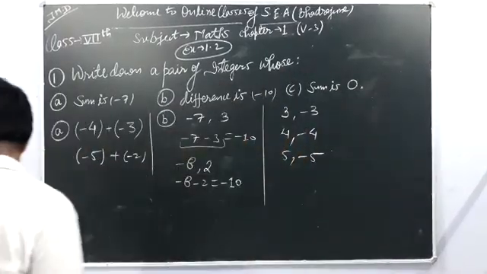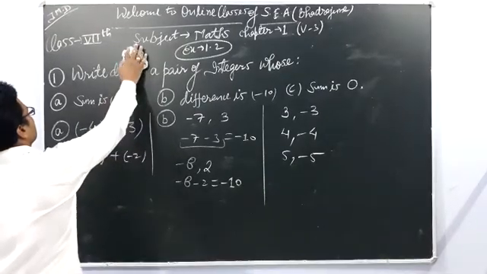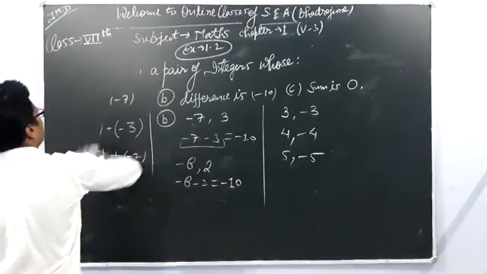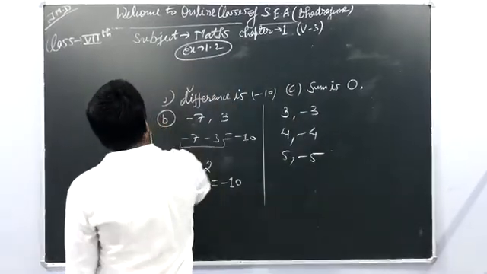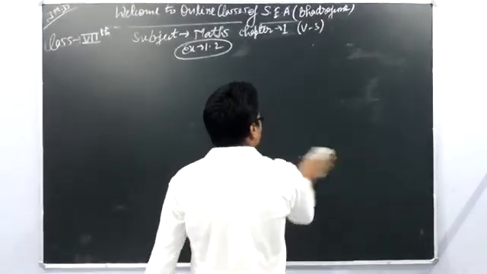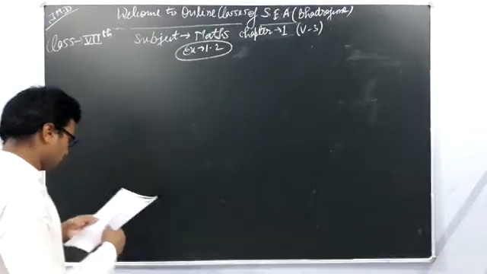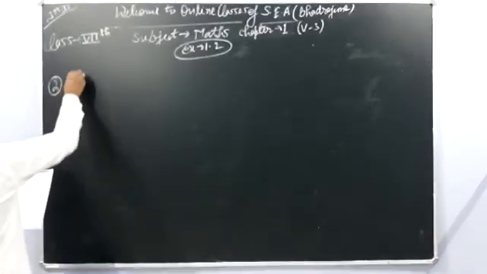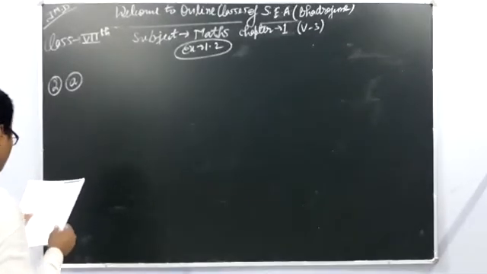Question number second, part A is: write a pair of negative integers whose difference gives 8.